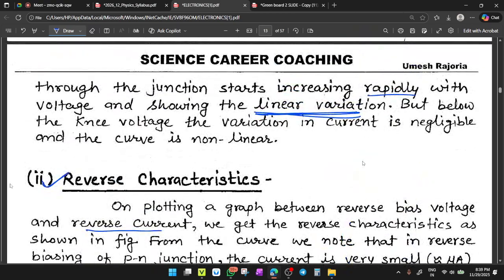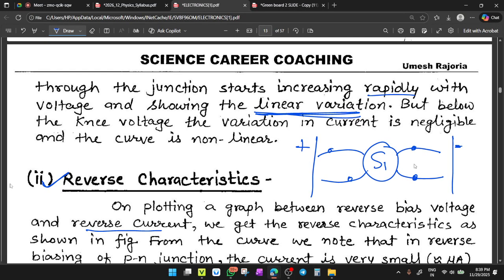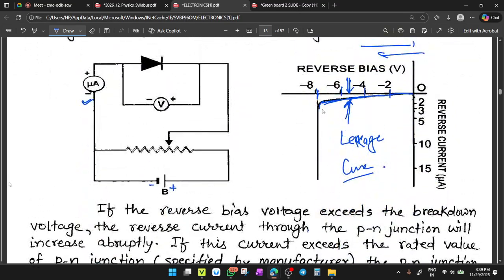The lattice bonds, like silicon connected with another silicon through their valence electrons, break down because of a very high electric field, and electrons move towards the positive direction. Suddenly there is an avalanche, a breakdown takes place, and the current becomes very high.